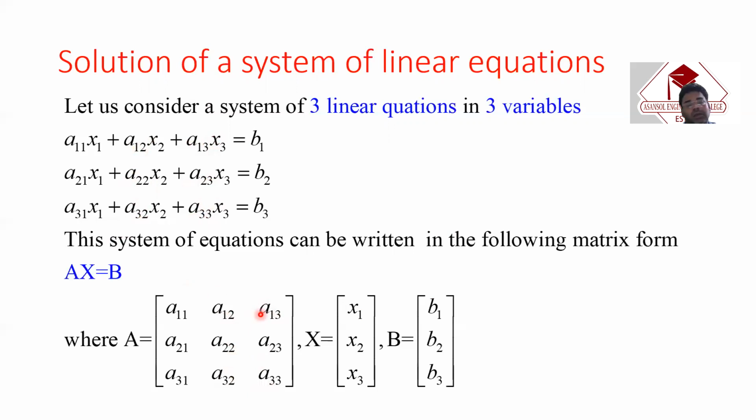The X matrix is a column matrix of the variables x1, x2, x3. The B matrix is the right side part, also a column matrix, with elements b1, b2, b3. Clear?